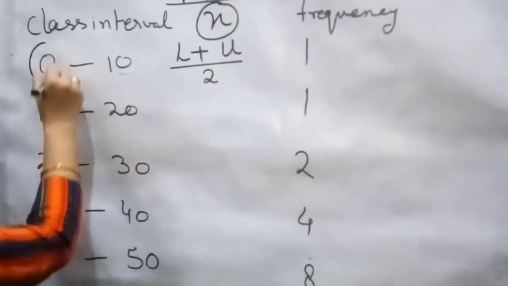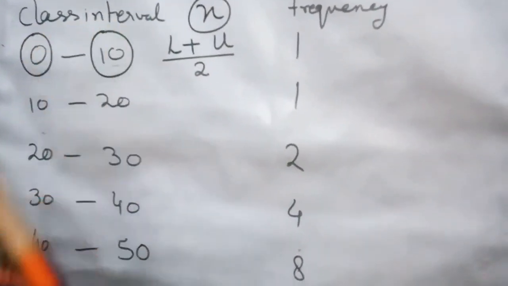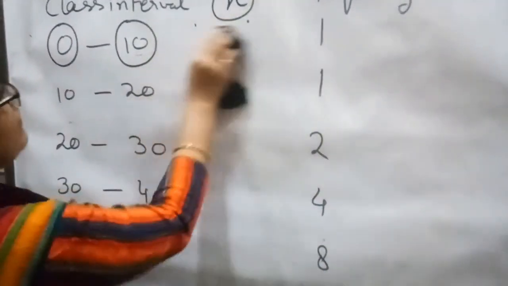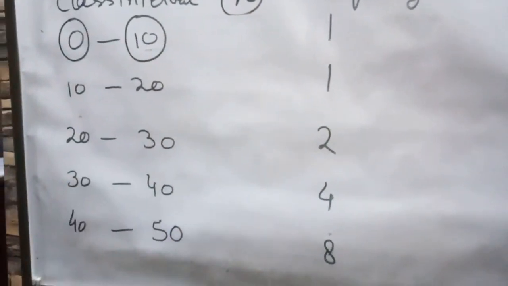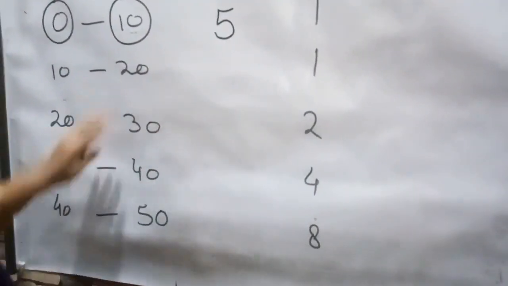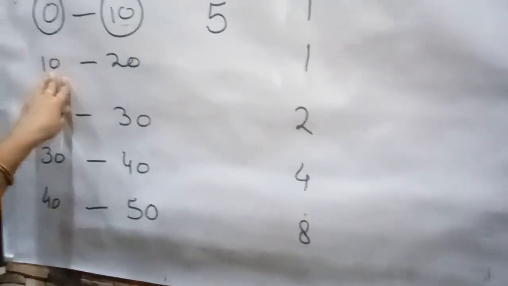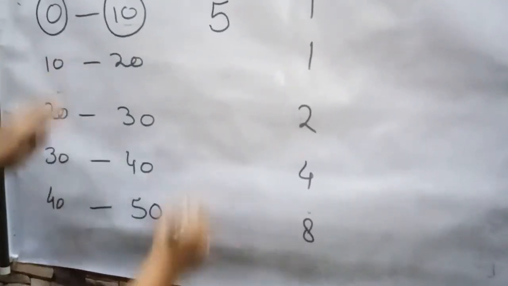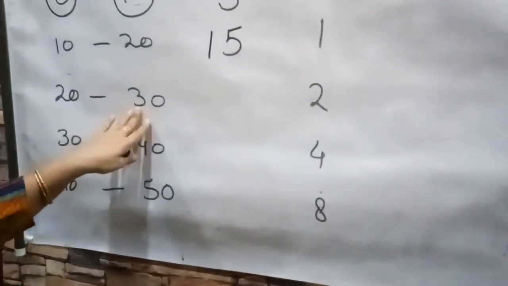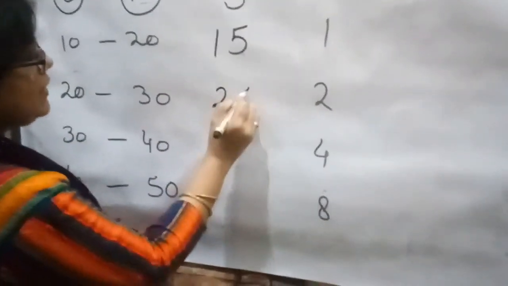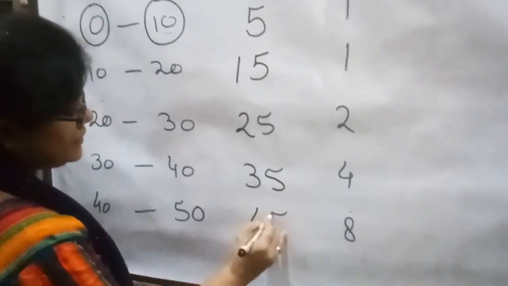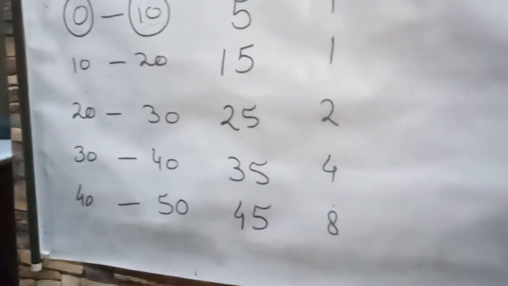This is our lower limit and this is our upper limit. Now see what happens. When we add 0 and 10, that means 10. 10 divided by 2, we got 5. Now add 10 and 20: 30. 30 by 2, we have 15. Now here 20 plus 30 is 50, that means 25. And in the same way, when we do this, we get the middle numbers.